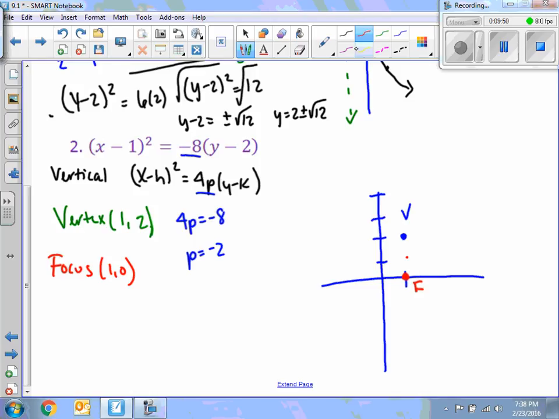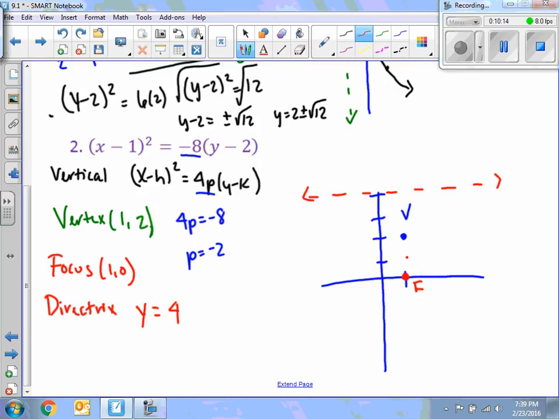And now, if I went -2 units down, I need to go 2 units up, and that will give me my directrix. Your directrix is always the equation of a line. In this case, it is going to be y equals 4.